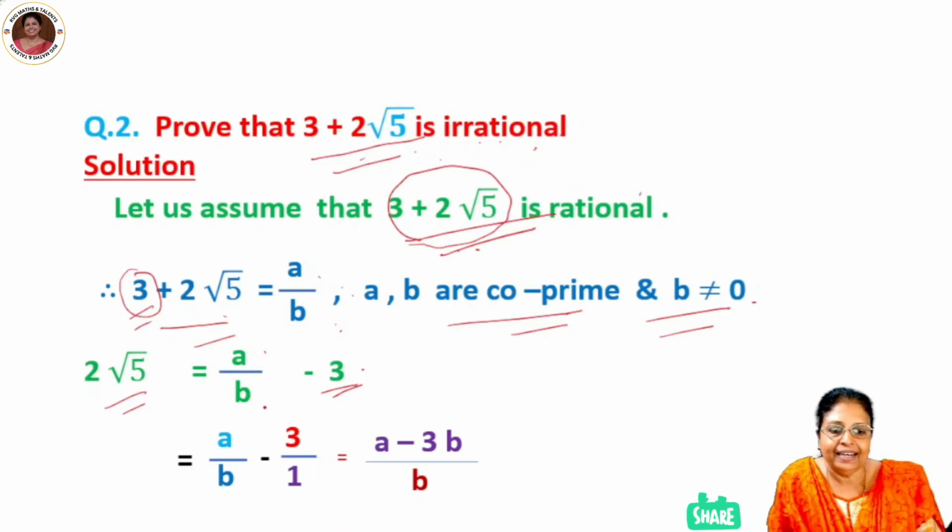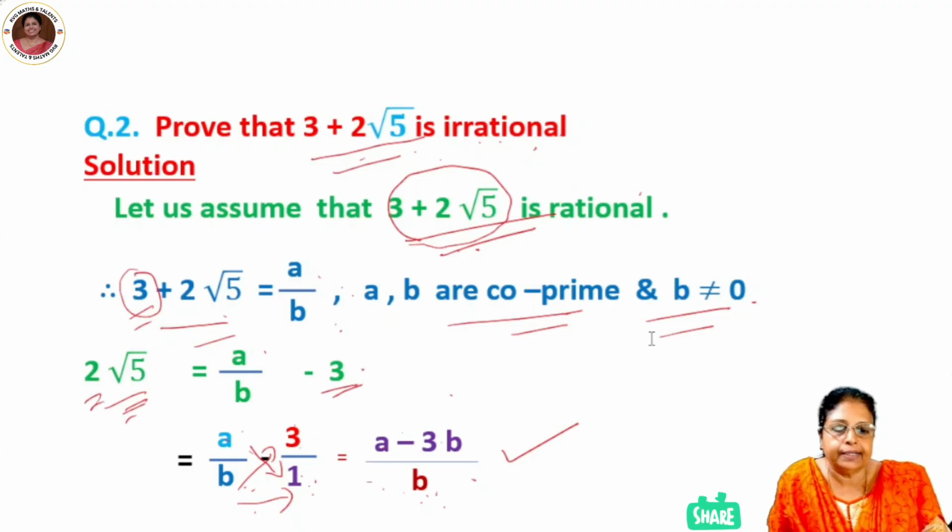Then you can write it as 3 upon 1. A upon B minus 3 upon 1. Cross multiplying this, you can write A minus 3B upon B. So we are getting 2 root 5 equal to A minus 3B upon B. Now we are taking this 2 to this side.